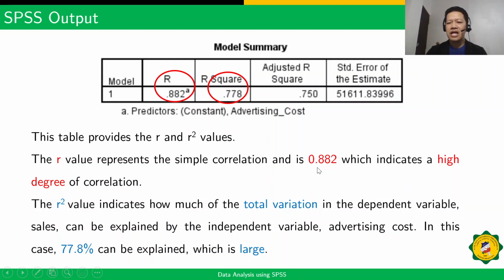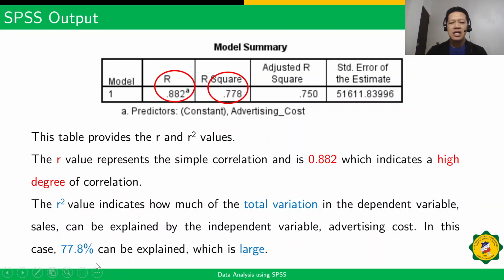If you square that value, 0.882, it becomes 0.778. And this indicates how much of the total variation in the dependent variable, the sales, can be explained by the independent variable, advertising cost.